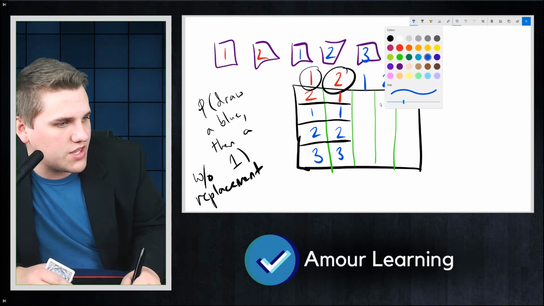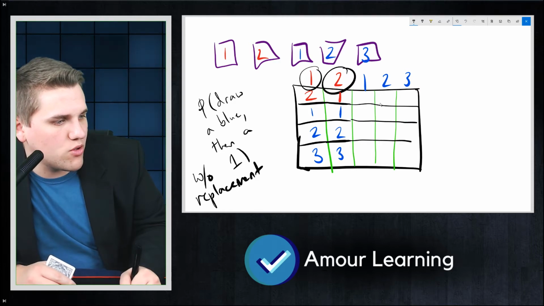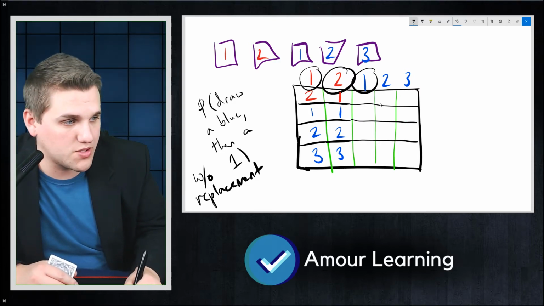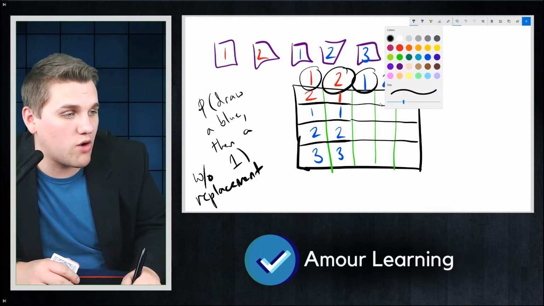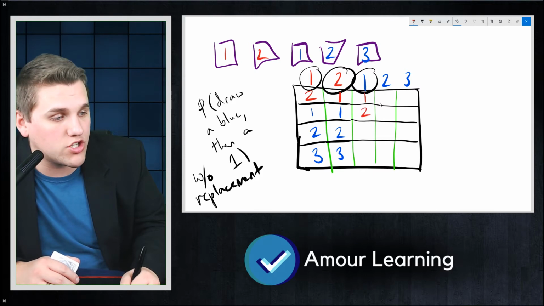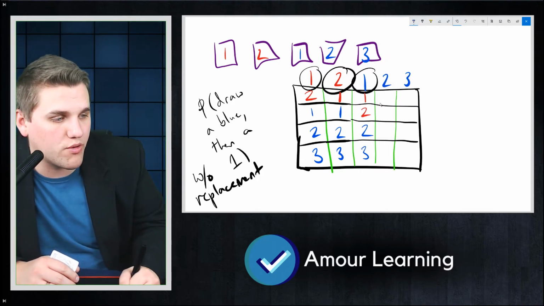Now, what about the other groups? Well, the people who drew the blue 1, they're going to be split up into 4 groups. After you draw a blue 1, you could draw a red 1, a red 2, or a blue 2, or a blue 3.